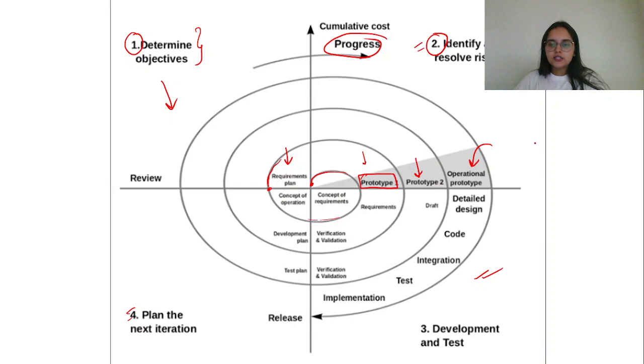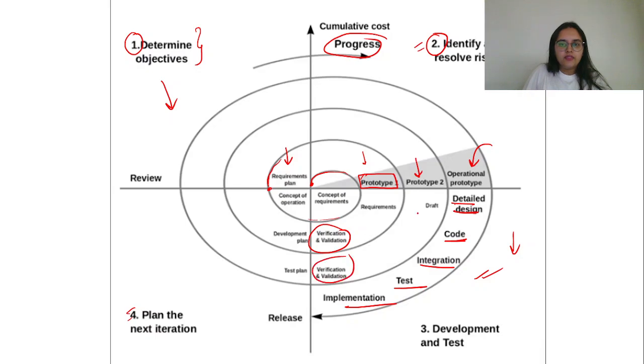And similarly in the third quadrant, we do the development and we use the testing phase. You see the phases here: the designing phase, the coding phase, integration, testing, implementation. You see the verification and validation being done, then drafting is done in the second phase. As you are moving towards the next spiral, more and more development is being done.